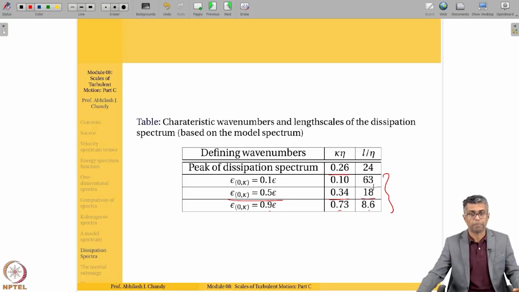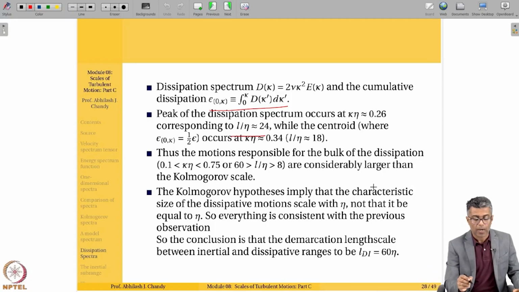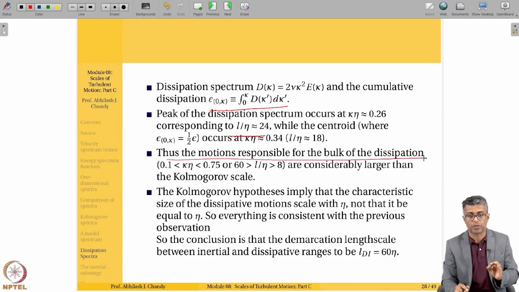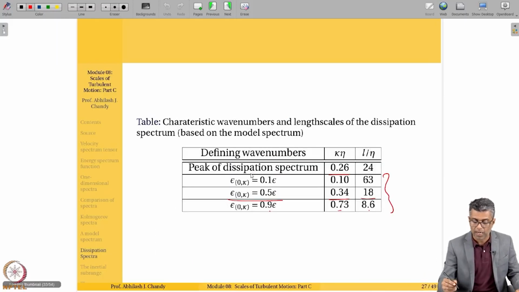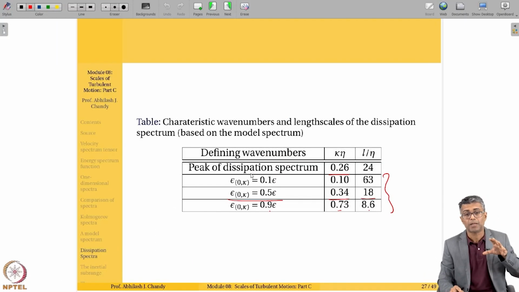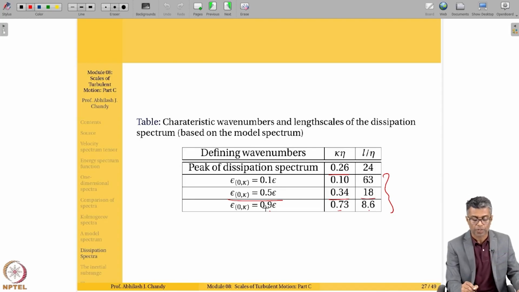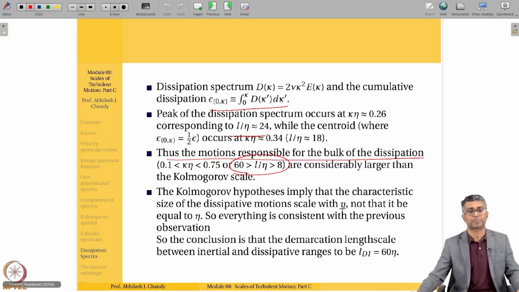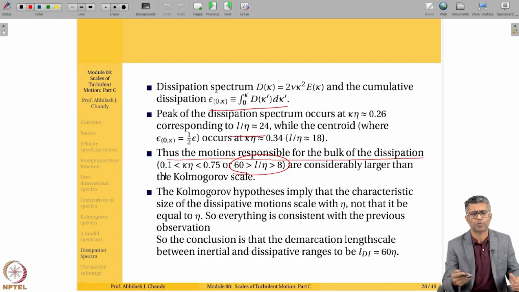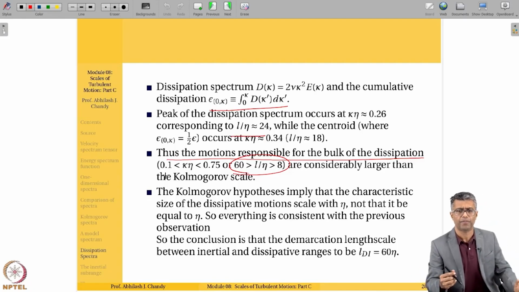Are you following me? So here you have the motions responsible for the bulk of the dissipation occurring between 8 and 60, isn't it? Bulk of the dissipation, 80% of the dissipation, right? 0.1 to 0.9 is 80% of the dissipation. And it occurs between kappa eta equals 0.1 and kappa eta equals 0.73. That's what we are trying to say. So 0.1 to approximately 0.75.